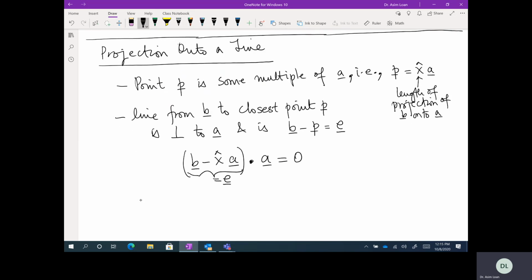Or B minus x hat A, with A transpose into this one, equals 0. It's one and the same thing whether I take the transpose here or here. Just remember, x transpose y is equal to y transpose x. Let me write it again.